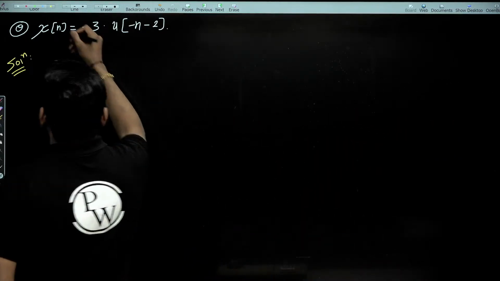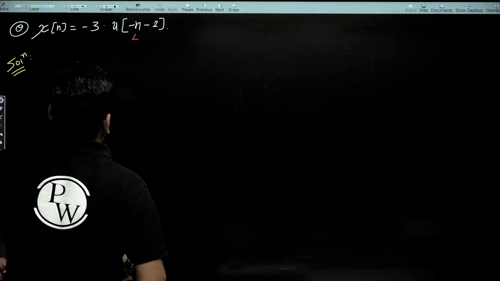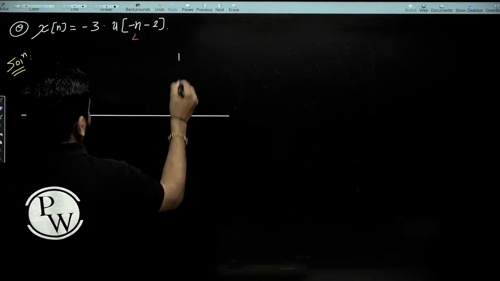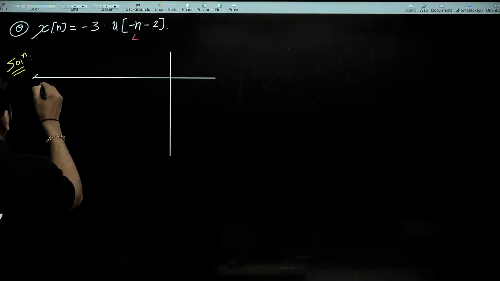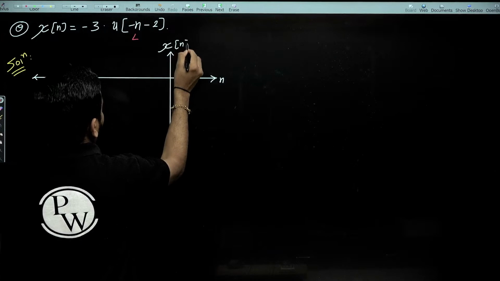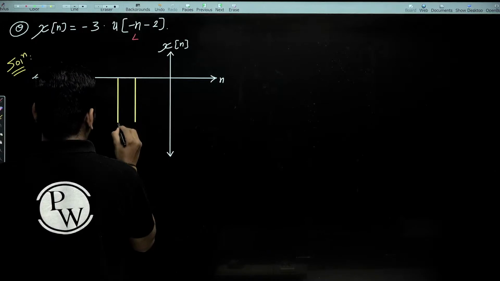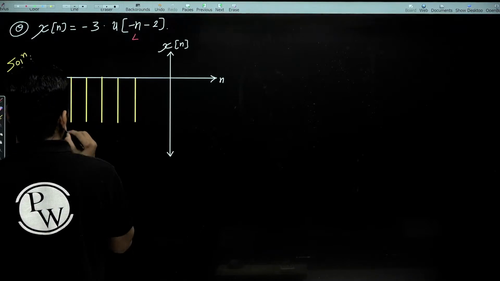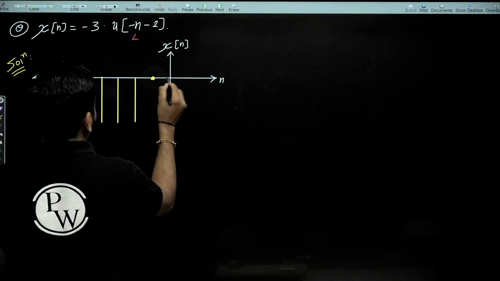So here it is the left side with same sign. Same sign means start from n equal to -2 going towards the left side. But the sample amplitude is negative this time. Here starting from n equal to -2, amplitude is -3. Correct? Left side signal.